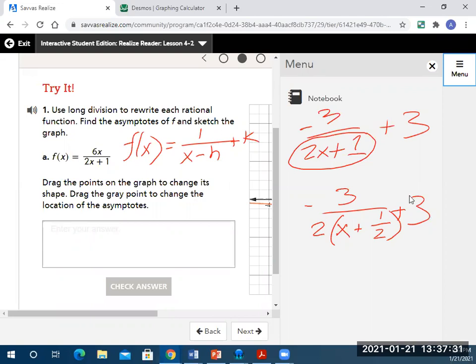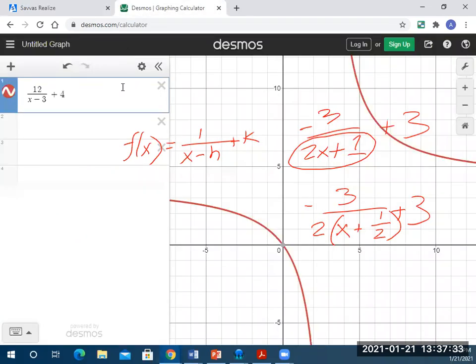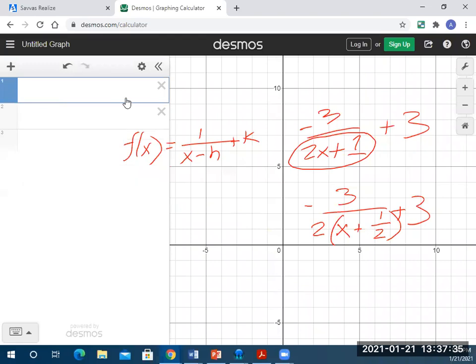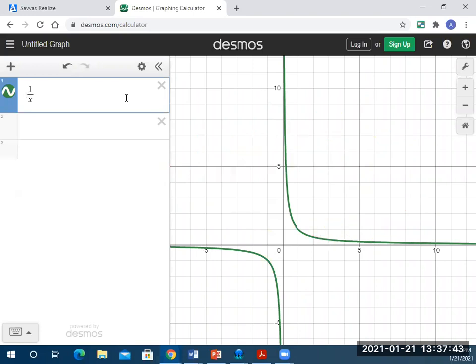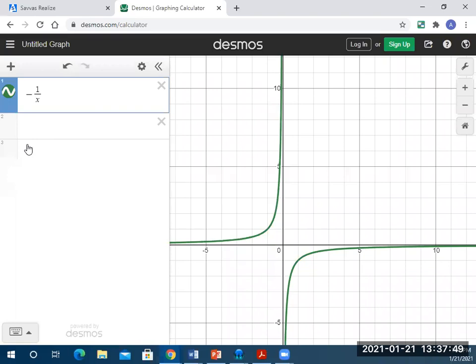So I'm going to show you guys on the graphing calculator here. So the parent function is 1 over x, right? Oh, let me clear that. So this is the parent function, 1 over x, right? What was the first thing? The negative, right? Reflects across the x-axis. What's next was, this was a 3, right?